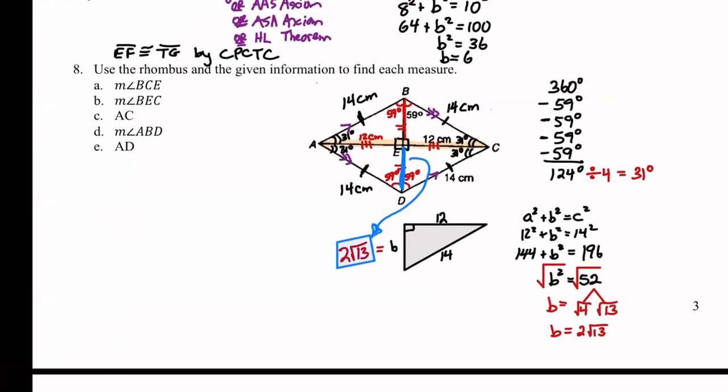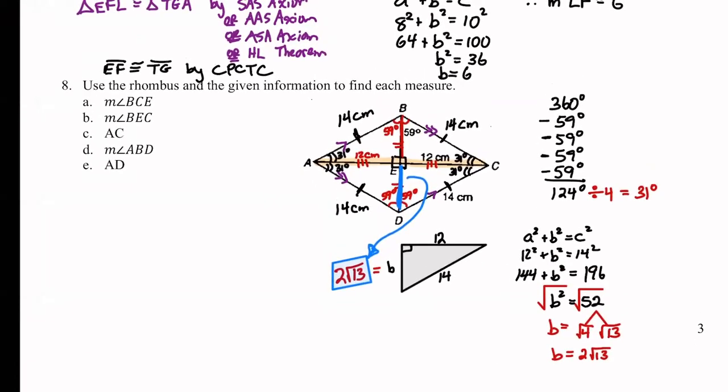Now I suppose it's probably a good idea to answer the question that was being asked. So BCE, right? BCE is this one over here, right? And you got to be careful because, like, if I were to say angle C, for example, I could be talking about more than one angle. But BCE is very specific.